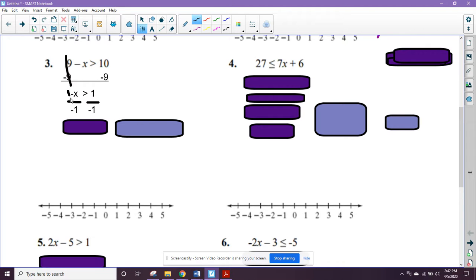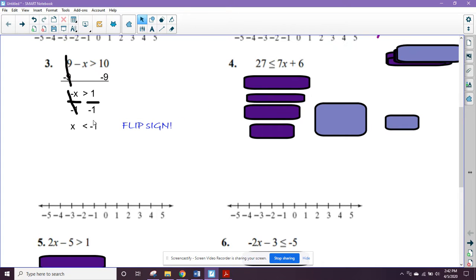It cancels out, and 1 divided by negative 1 is negative 1. We divided by a negative, so we cannot forget that the sign flips. It was greater than, it becomes a less than. It's very important to remember when you divide by a negative, the sign flips.